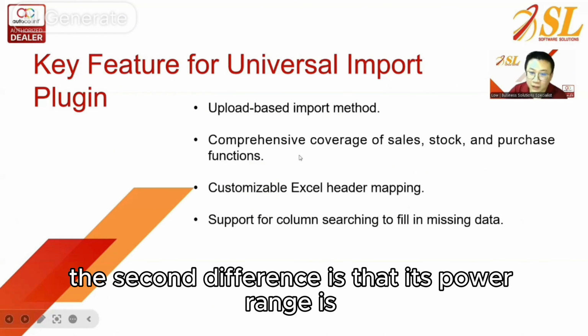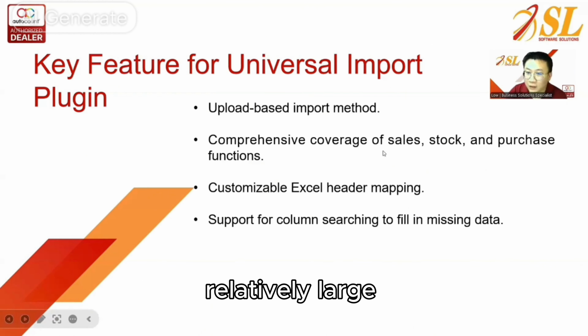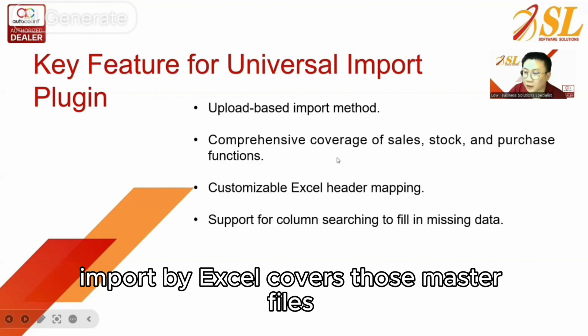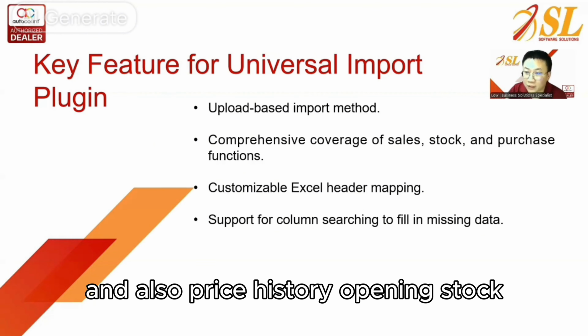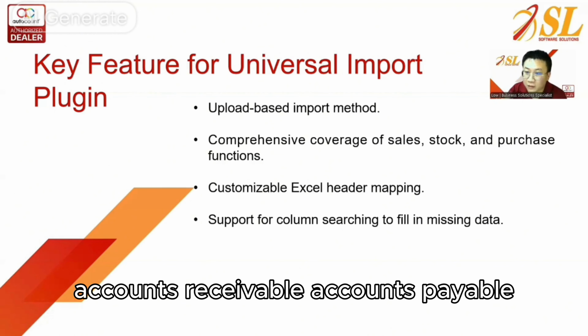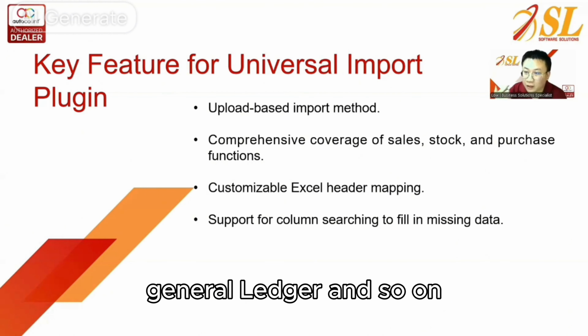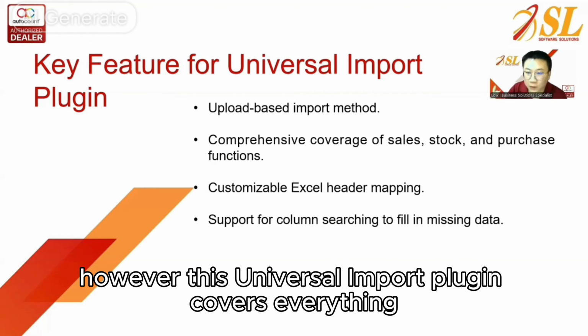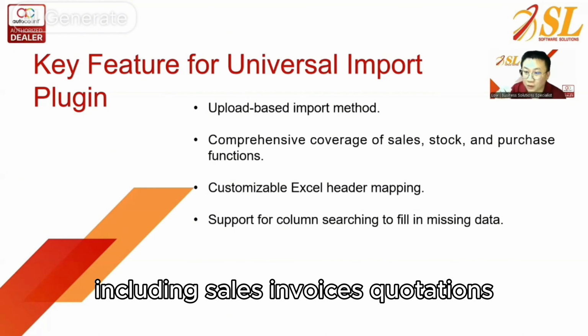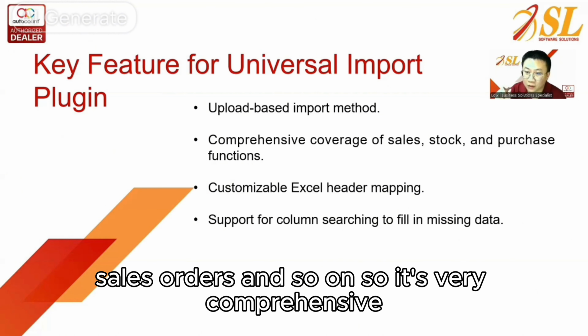The second difference is that its coverage range is relatively large. Import by Excel covers master files like debtor, creditor, stock, and also price history, opening stock, accounts receivable, accounts payable, general ledger, and so on. However, this universal import plugin covers everything, including sales invoices, quotations, sales orders, and so on. So it's very comprehensive.